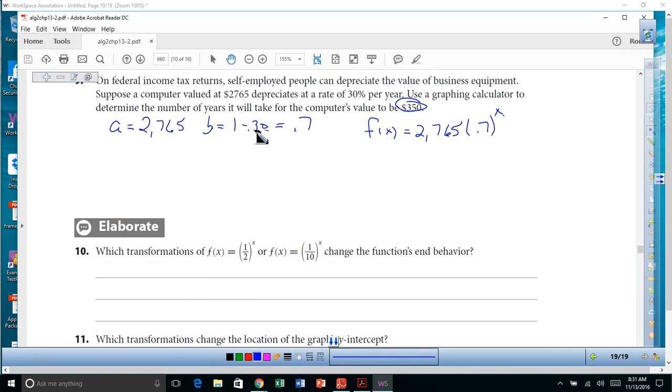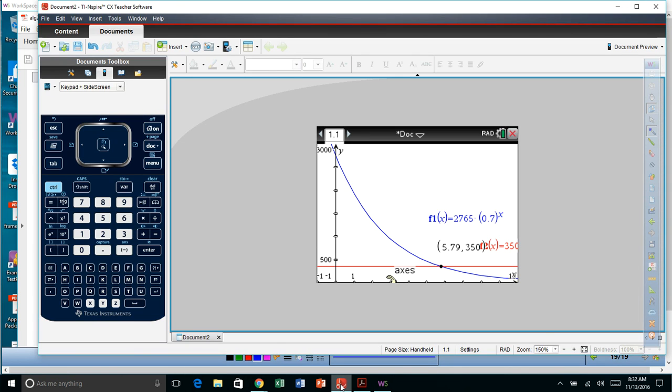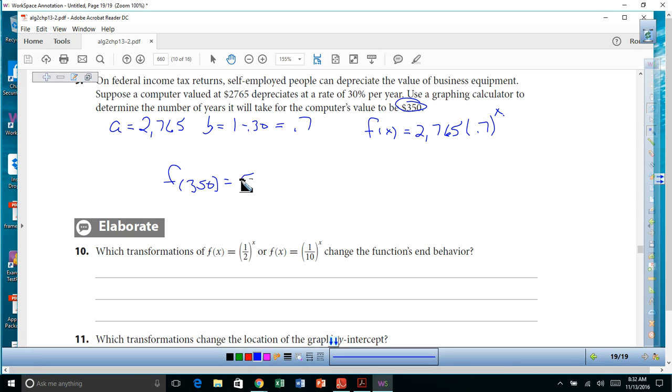So the number of years it will take for the computer's value to reach $350 is 5.79.